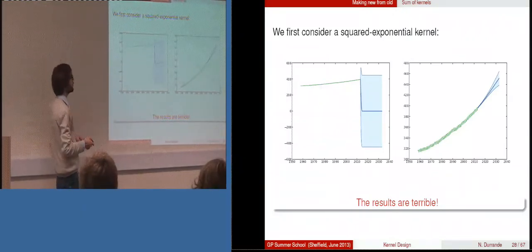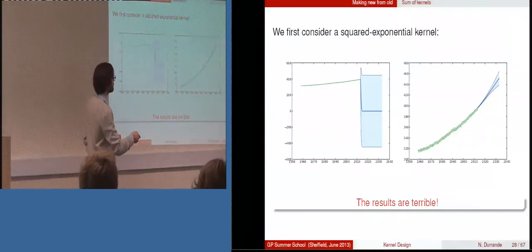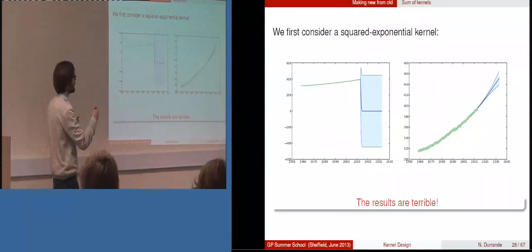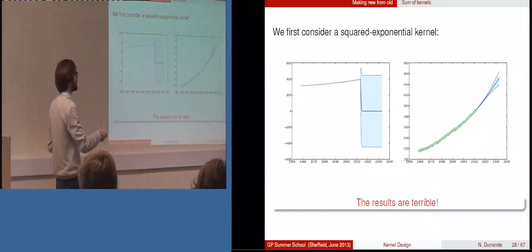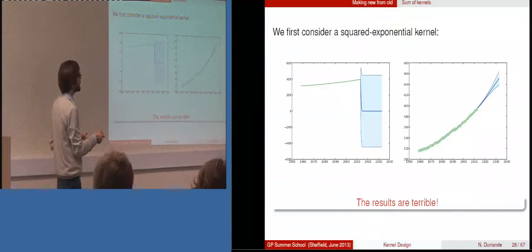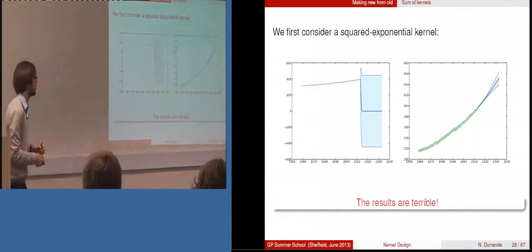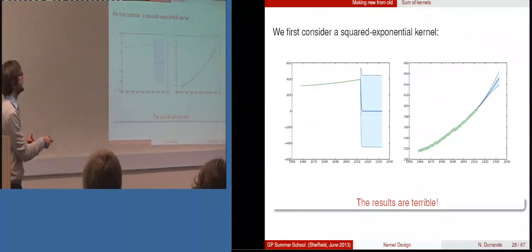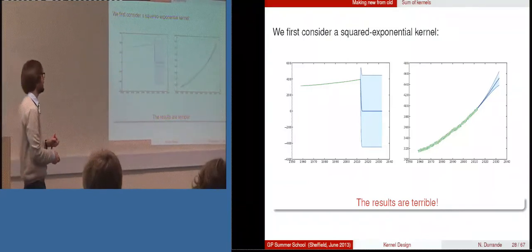The other solution you can find, when you optimize, is to converge toward a solution where the model picks the long-range effect but just ignores the small variations. This is also a very bad model because the confidence intervals here are clearly wrong. And here the confidence intervals are kind of okay, but the mean predictor is very wrong.